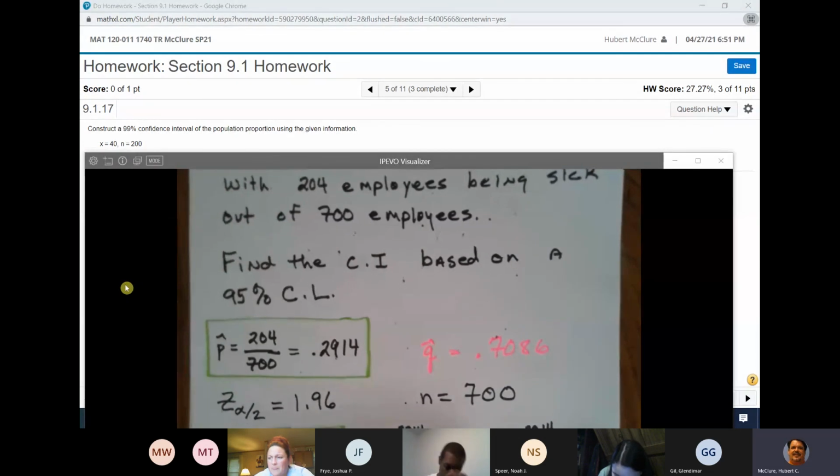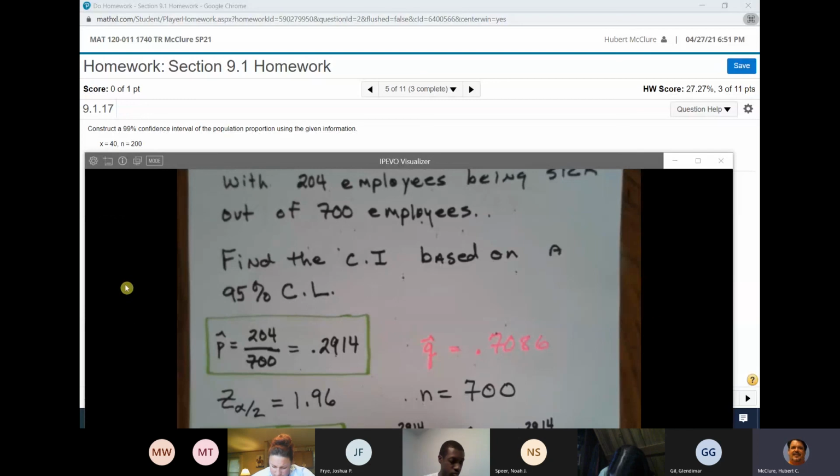Somebody tell me what the Z-score is for 99. 2.58. Good job.